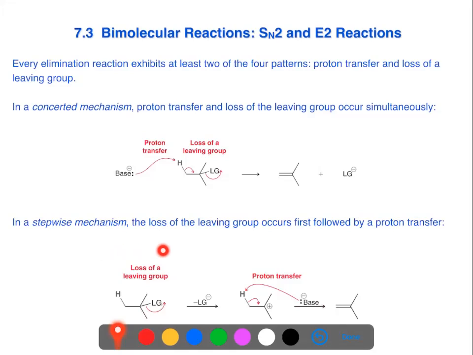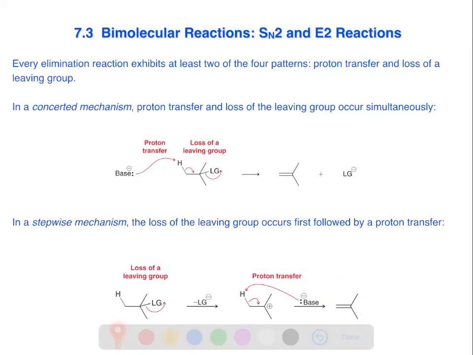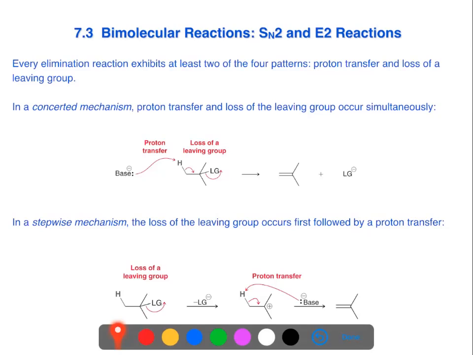So the loss of the leaving group occurs first to form this intermediate carbocation, and then there is a proton transfer in which the base is involved. And as a result of this reaction, we have the formation of an alkene as well. So every elimination reaction will involve both a proton transfer and the loss of the leaving group. It's a matter of whether or not they occur in a concerted manner or a stepwise manner.